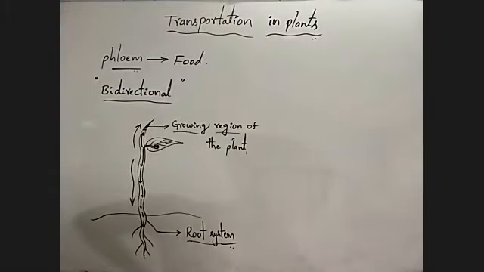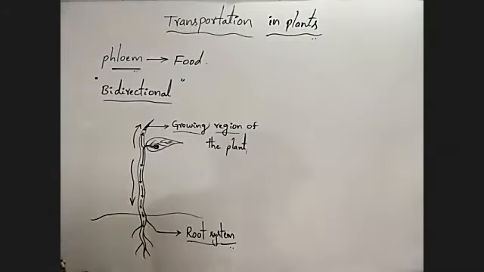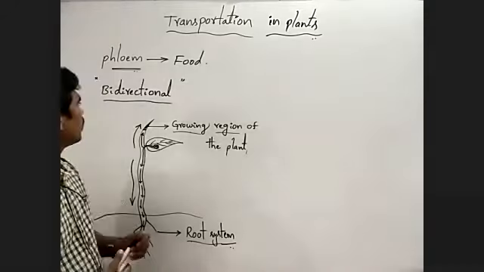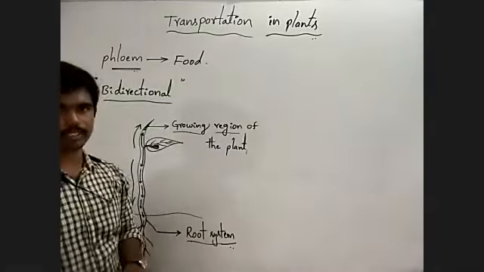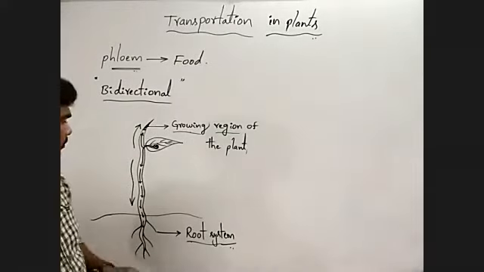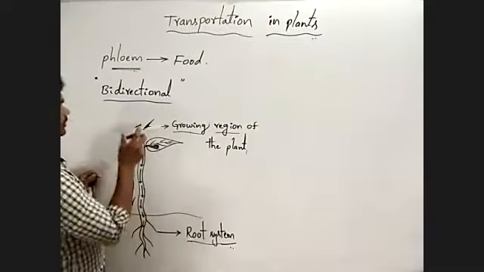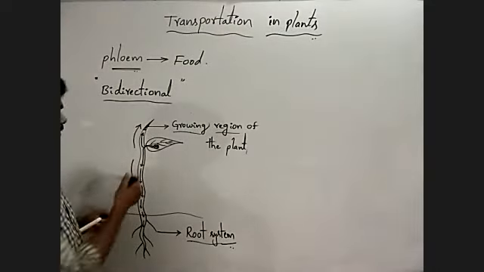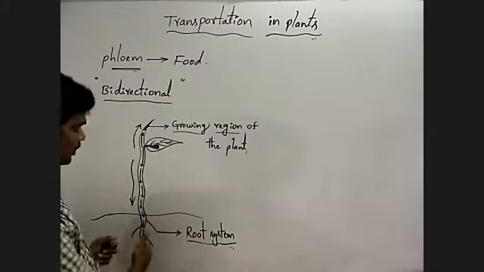Means food material can be transported bidirectionally. Through phloem tissue, food material can be transported in upward and downward directions.